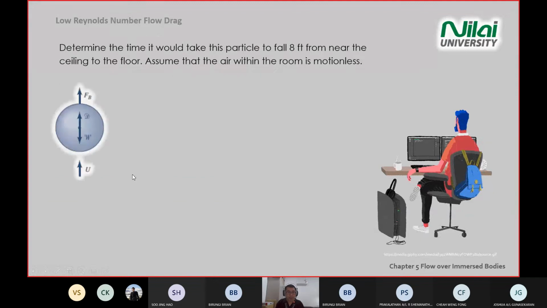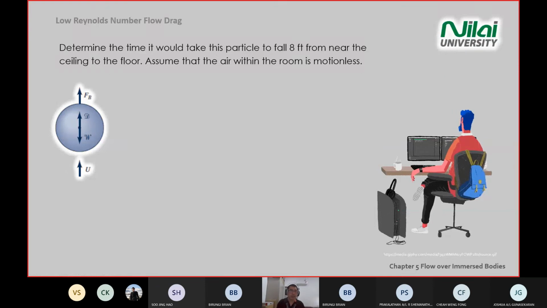So how do we solve this question? You draw a free body diagram of the particle, and again, this example is for low Reynolds number flow drag. So when I mention low Reynolds number, you should recall one table that particularly focuses on low Reynolds number, right?